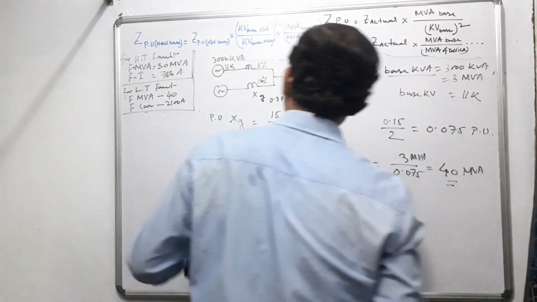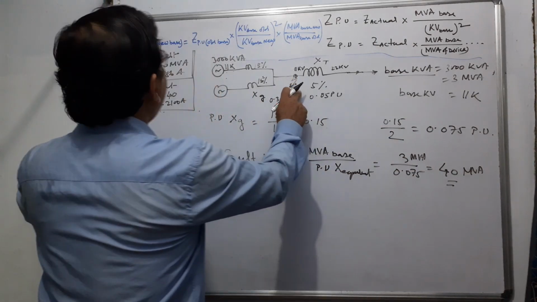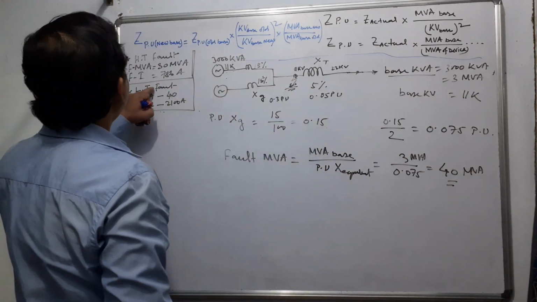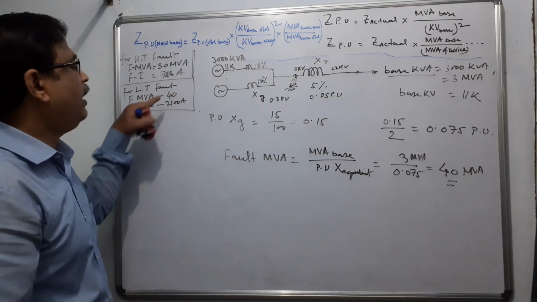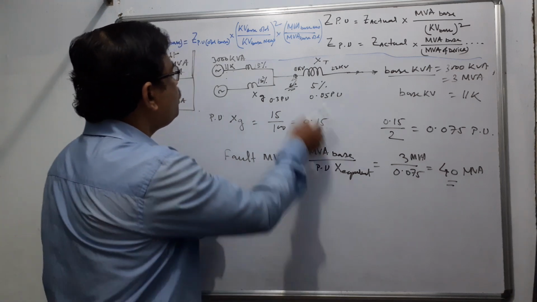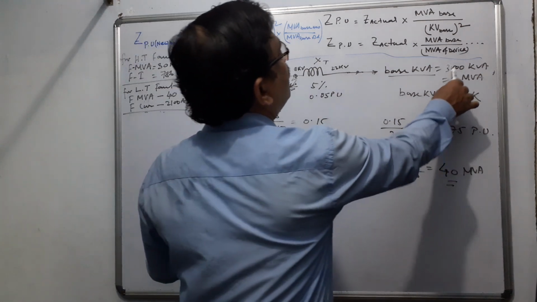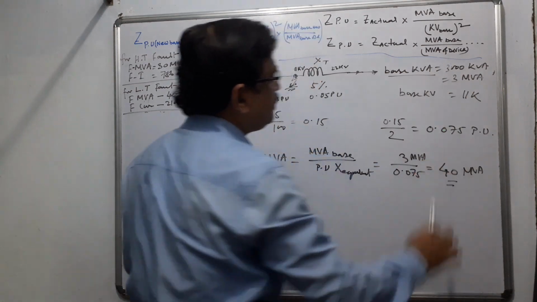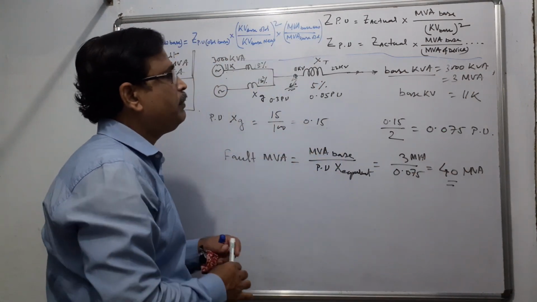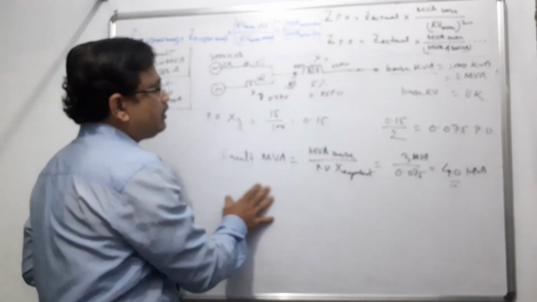That means if the fault is on the LT side, in the previous case the fault MVA was like this, and here it is once again 40 with a new base, not 6000 but 3000 considered. That means base MVA selection is not so important.